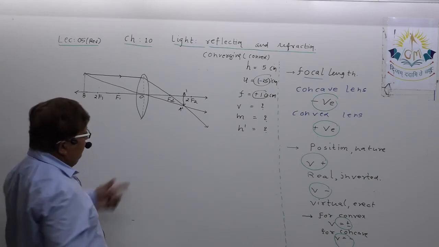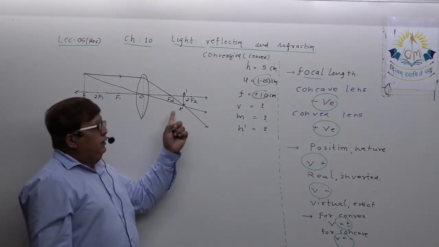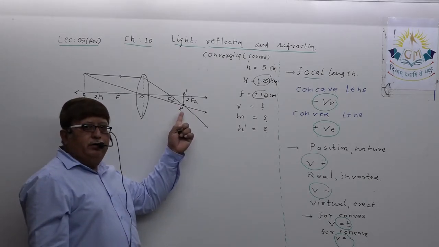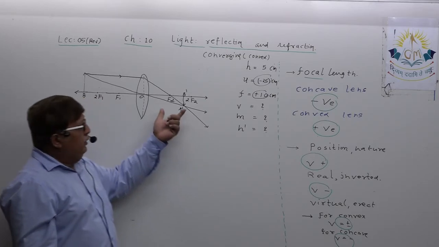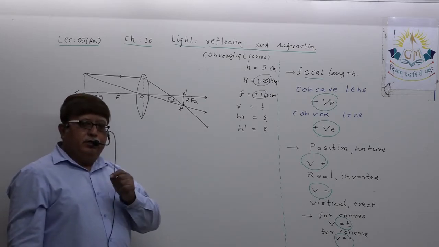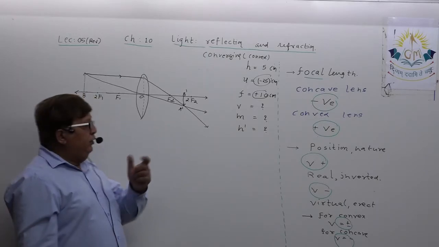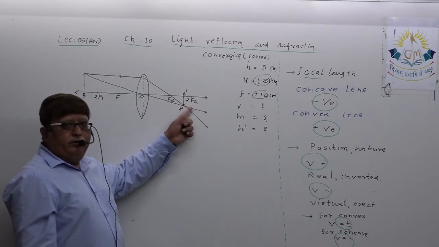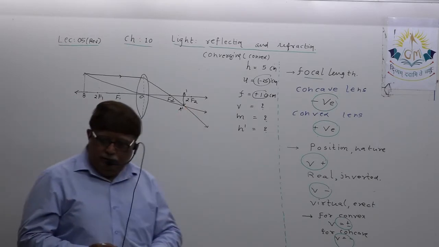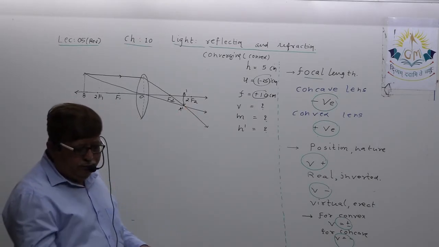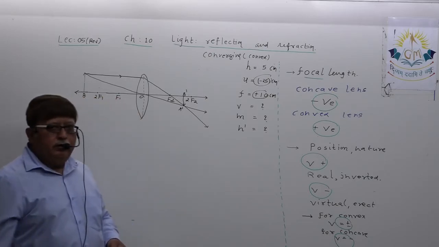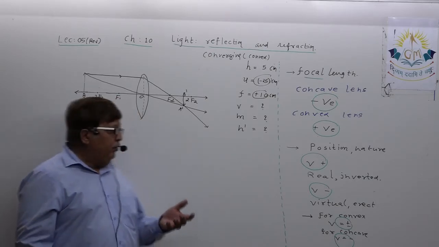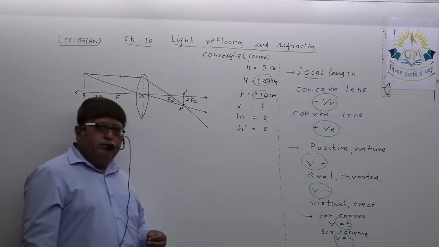So you can verify the fact that the image is real, inverted and smaller. We got the value of v as 16.66, somewhere between 16 and 20. So this fact is also getting thoroughly verified with the help of the diagram.